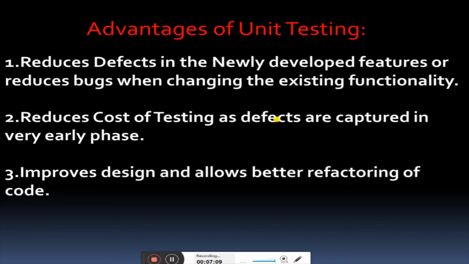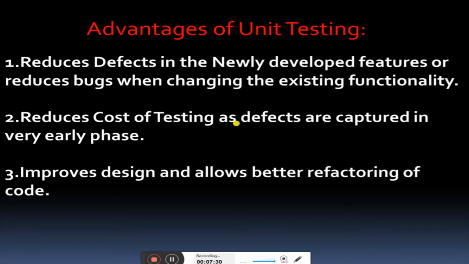If the defects come at the end level of development of the software, what happens? We have to test there, and testing is not free work. We have to pay for it. So while doing unit testing, we are reducing the cost of testing in this way.